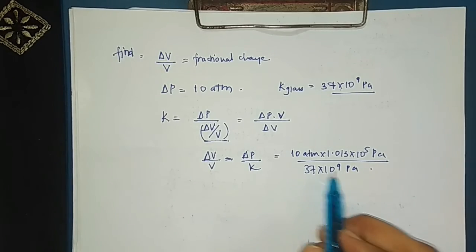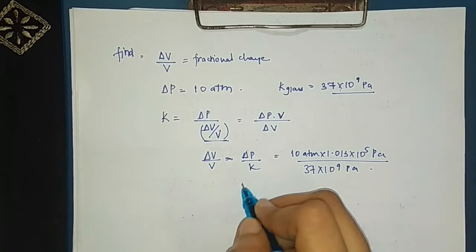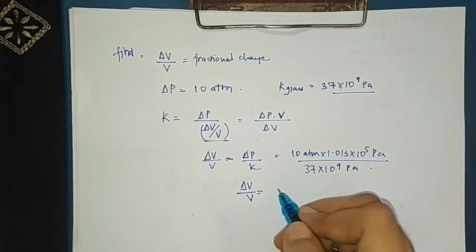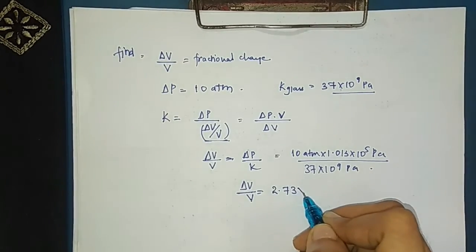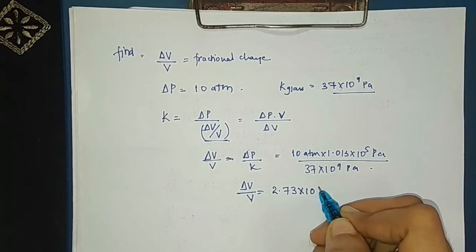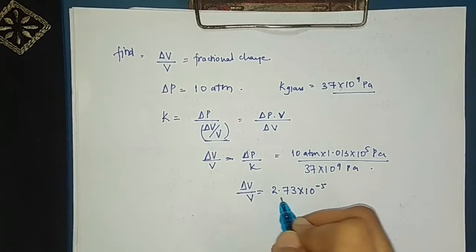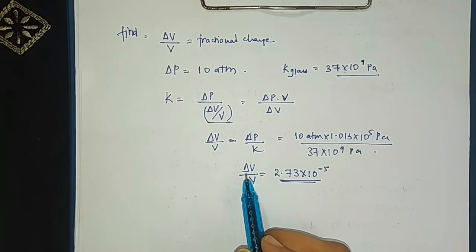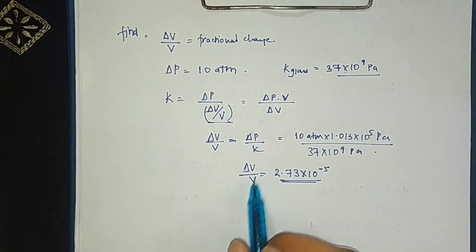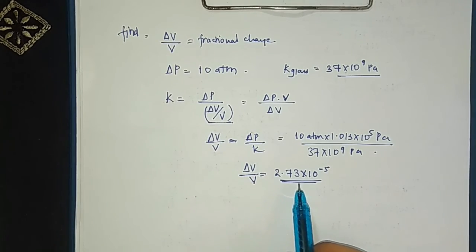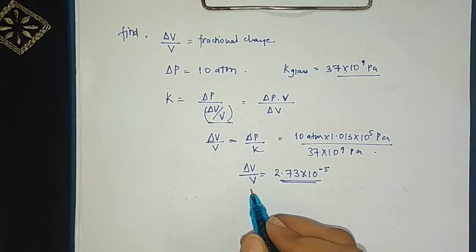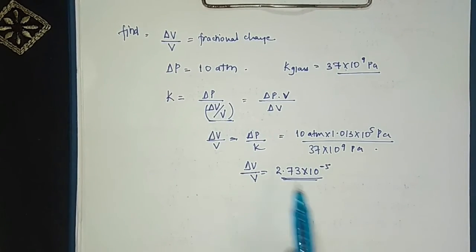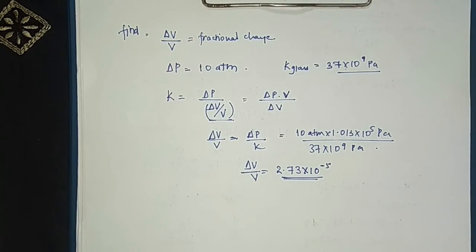When we do the division, delta V by V, the fractional change, is 2.73 times 10 raised to minus 5. This is the answer. It is the change in volume divided by the original volume; both have the same units, so it is a unitless quantity. It was direct and easy, just a substitution of the values.